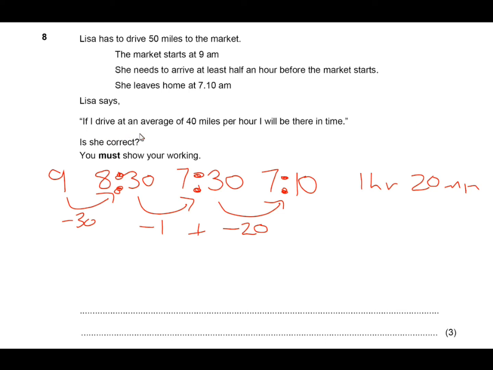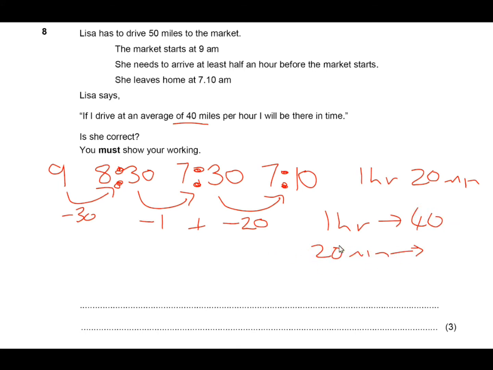With a speed of 40 miles per hour, will she be there in time? So in 1 hour, she will travel 40 miles, and then 20 minutes is a third of an hour. So what is a third of 40?